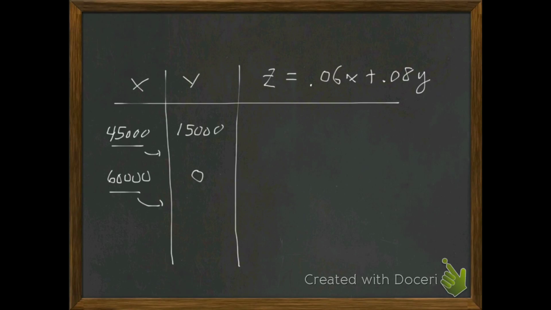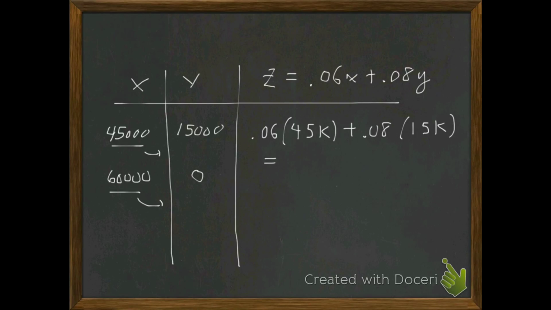So guys, let's put it in. This would be 0.06 times 45,000 plus 0.08. Obviously, you don't put K in your calculator. So I'm going to grab my calculator and put this in.